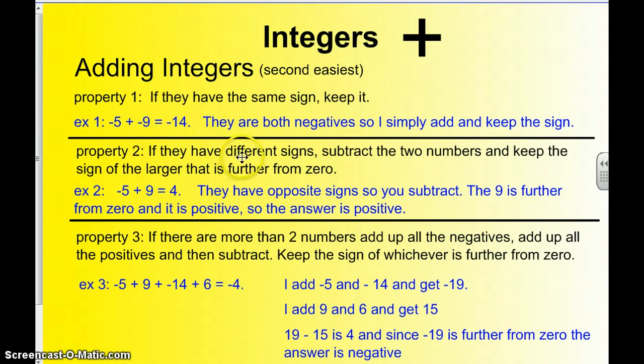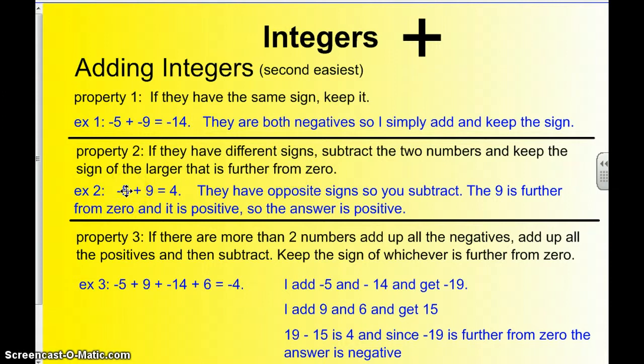Property 2, if they have different signs, even though it says adding in between them, what you're going to do is subtract the smaller number from the larger number. So 5 is smaller than 9, so I get 4. Now, they have opposite signs, so you decide which number is further from 0.